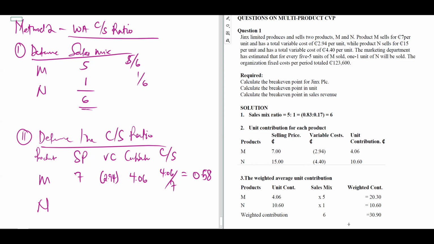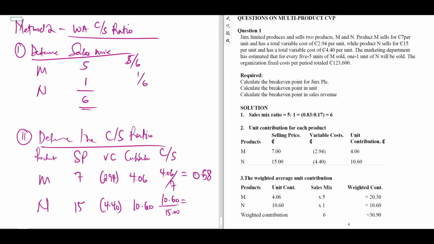For N, the selling price was 15 and the variable cost was 4.4, giving us a contribution of 15 minus 4.4, which is 10.6. So this one gives us 10.6 over 15.